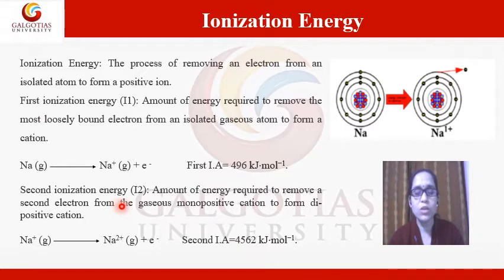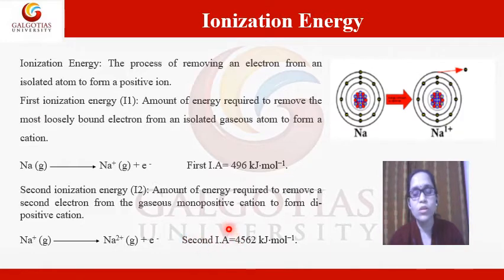This is known as the second ionization energy, the amount of energy required to remove a second electron from the gaseous monopositive cation to form a dipositive cation. Here sodium plus is converted to sodium 2 plus by absorbing a higher amount of energy.